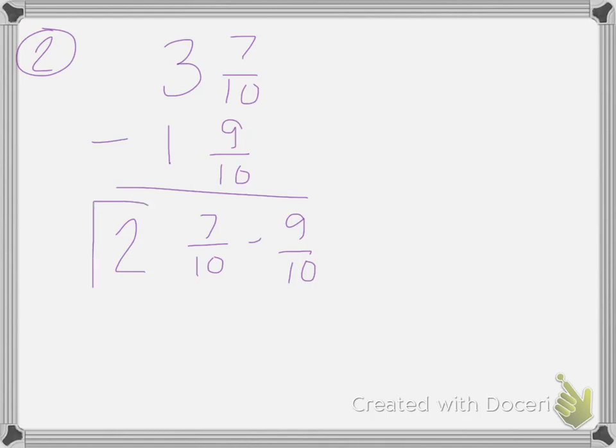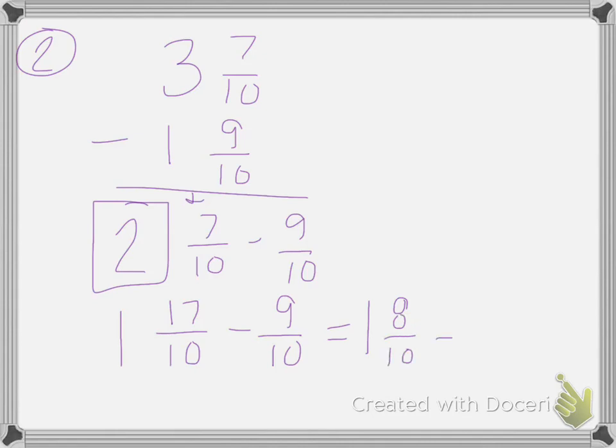So I'm going to try to use this 2 to my advantage. I'm going to use it and say 1, and then I'm going to add 10 to this 7 that's right here in the numerator, because 1 is really 10 over 10. So this would be 17 over 10 minus 9 over 10. And that would give me 1 8 over 10, which I can write as 1 4/5.